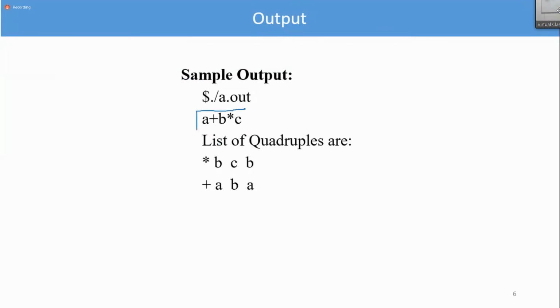Somebody gives this, and I will give the quadruple: the first is the operator, then argument 1, argument 2, and the result.